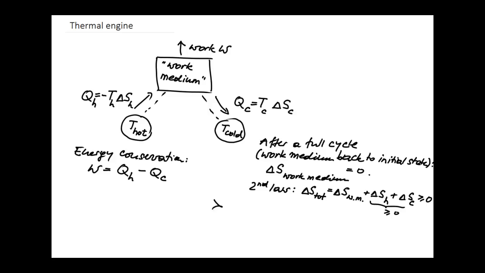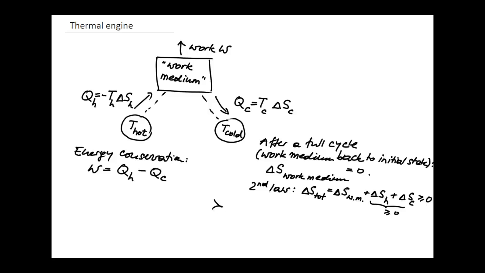Now, we can use the equations that we have for the amounts of heat flowing from or to the hot and the cold reservoir and solve these equations for delta entropy of the hot reservoir and delta entropy of the cold reservoir.